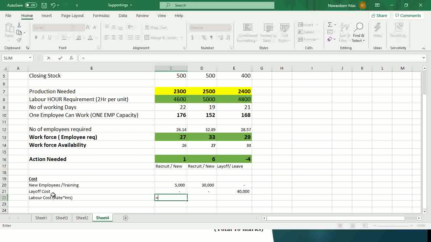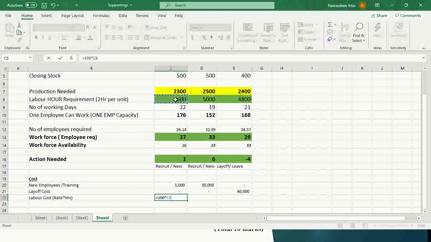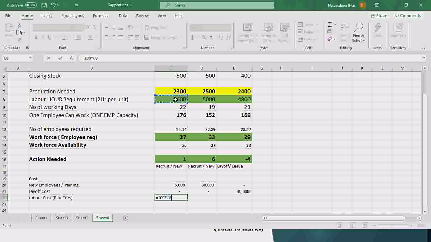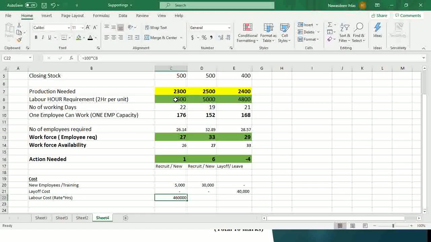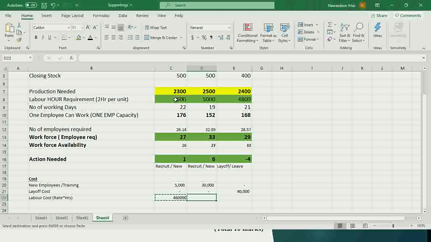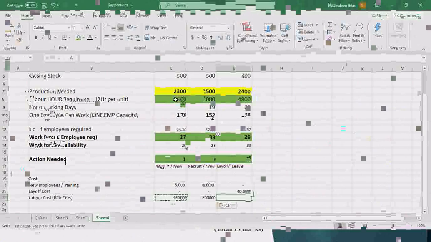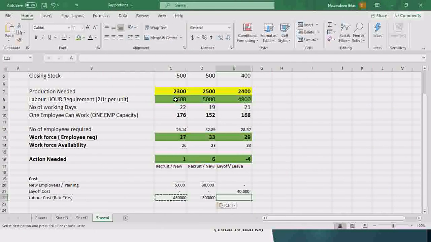Per labor hour we are paying 100 rupees, so the labor cost is rate into hours. In January we are using 4,600 labor hours, so this will be our labor cost. In February we are using 5,000 labor hours into 100. In March we are using 4,800 labor hours into 100. Clear?